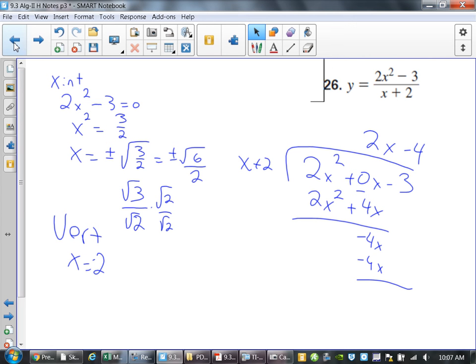Works the same. Very similar, except for that k value. Remember your vertical asymptote? x equals h, you set that denominator equal to 0. Oh, sorry, I had that backward. The k value was your horizontal asymptote because it was going up and down. x equals h was your vertical because you can't divide by 0.